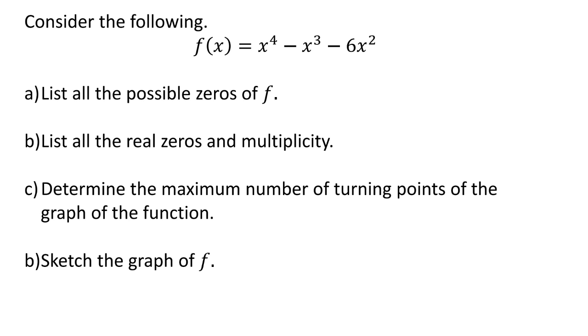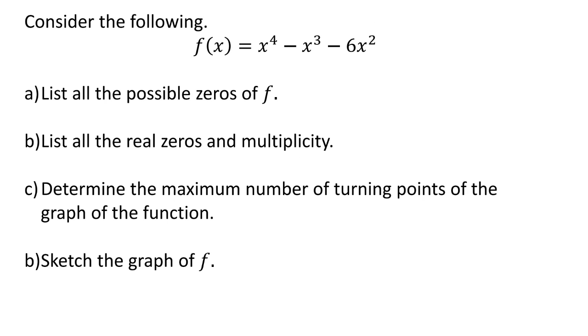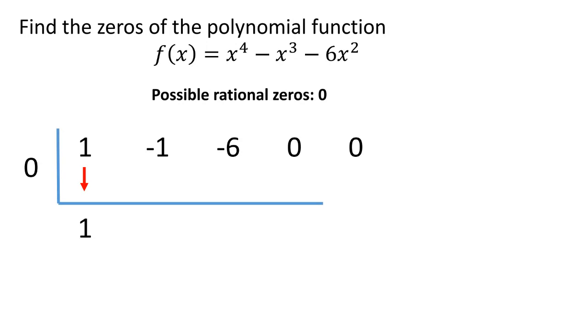Let's go ahead and list all the possible zeros for this function, which is x to the fourth minus x cubed minus x squared. Let's do this a part first. We're going to find a possible rational zero using 0.